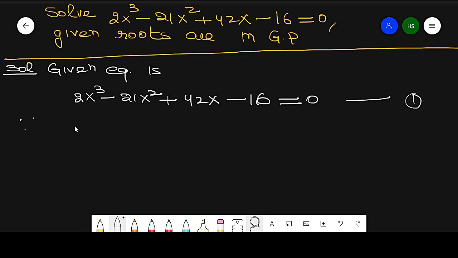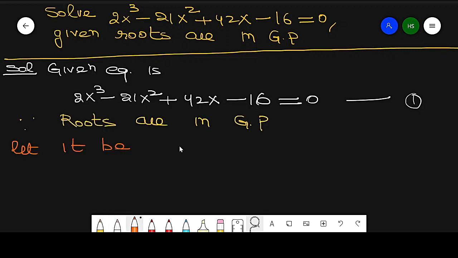Now since the roots are in GP, let the roots be a by r, a, ar.